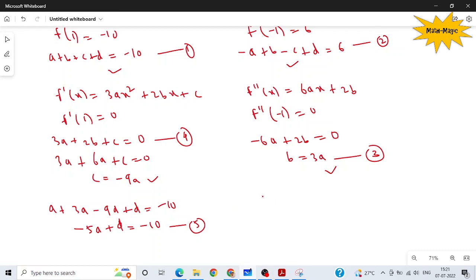Now let's consider equation number 2. We get minus a, b value plus 3a, minus c value, then it turns out to be plus 9a, plus d equals 6. So from here we get 11a plus d equals 6. We can take this as equation number 6.